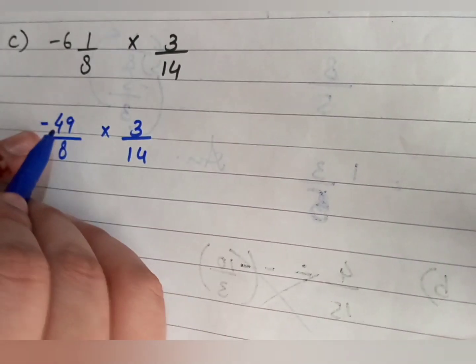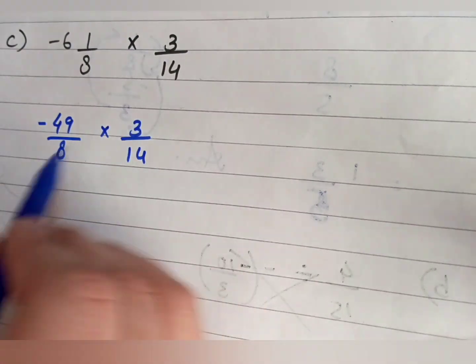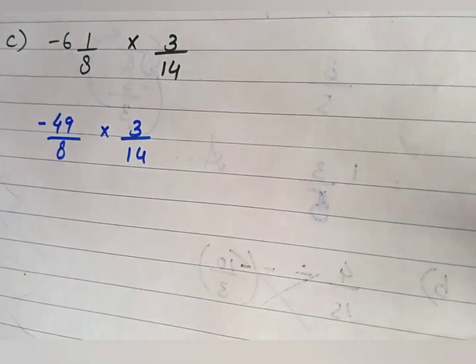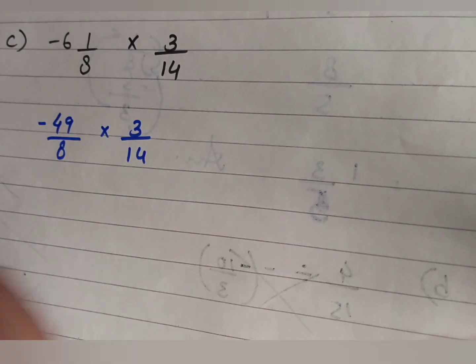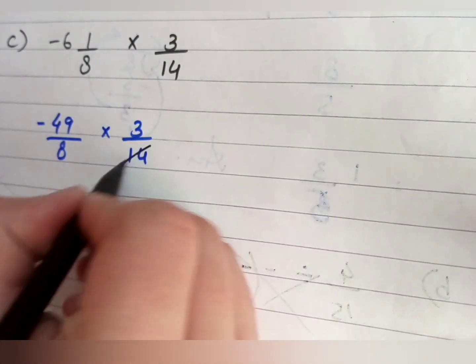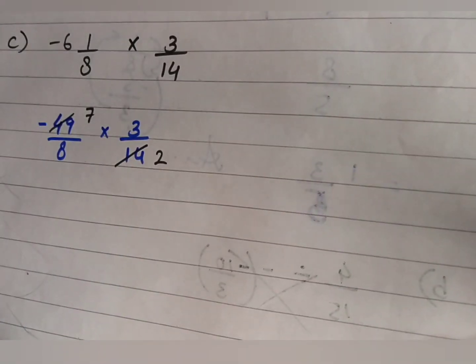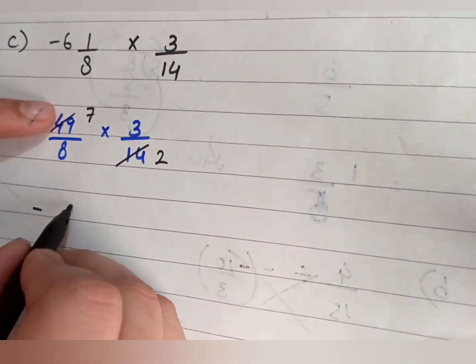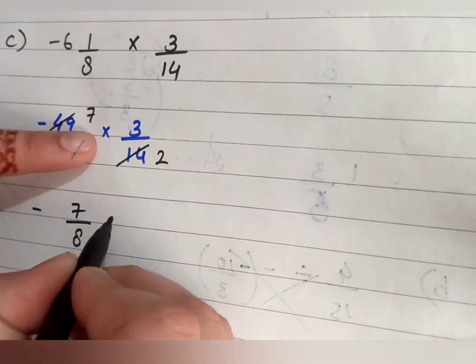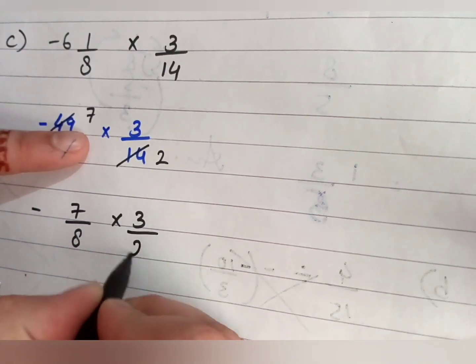Yes, possible. Of 49 and 14, 3 and 8 is not possible, so we have to do cross cutting of 14 and 49. 7 2s are 14, 7 7s are 49. Now from here we get 7 by 8, and from here we get 3 by 2.